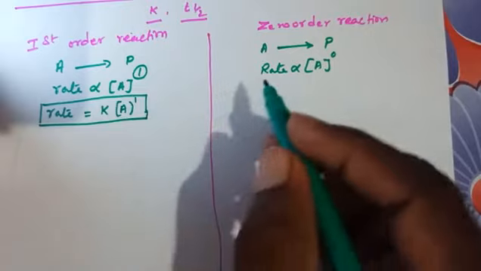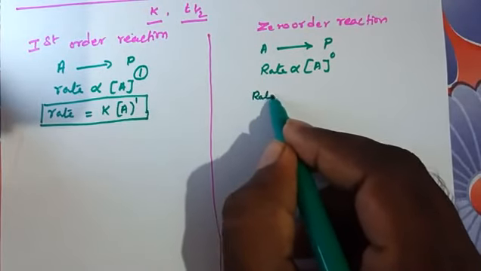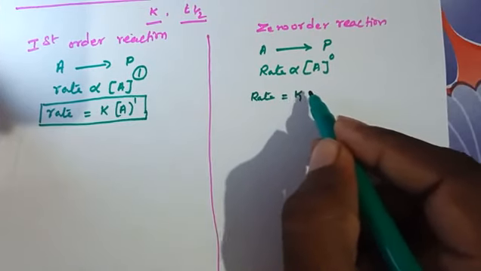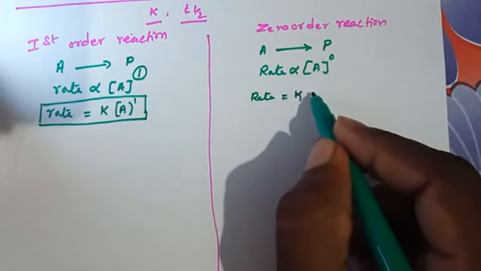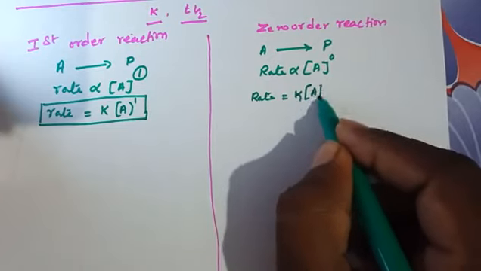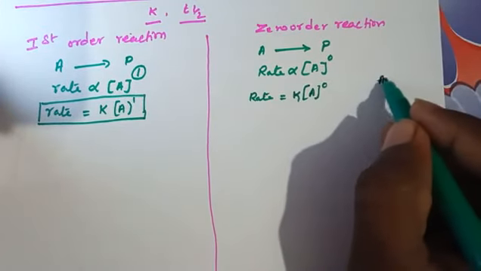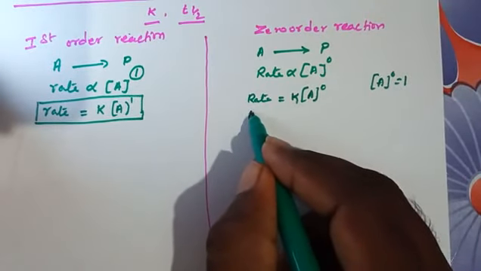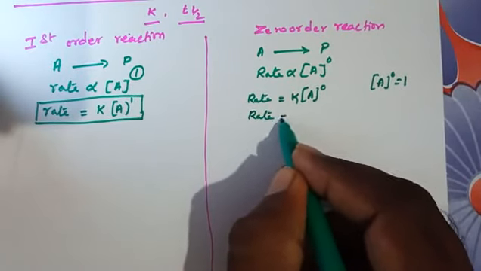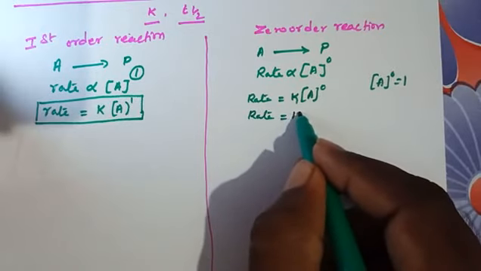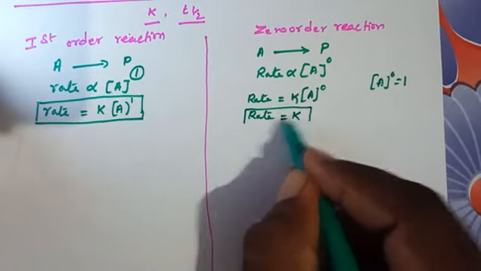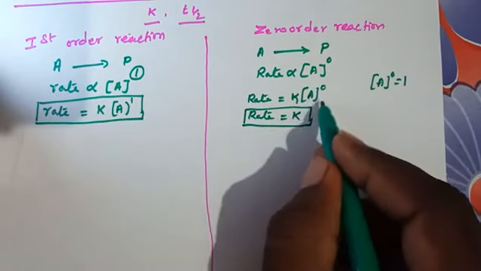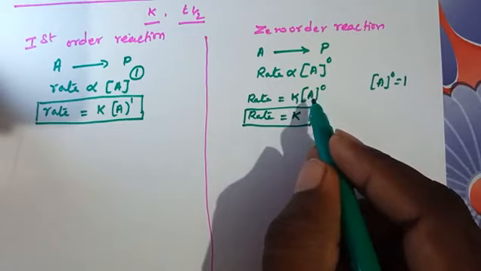In the same way, for a zeroth order reaction, rate equals k into A to the power of 0. Anything to the power of 0 is equal to 1, so rate can be rewritten as rate equals k. For a zeroth order reaction, the rate of the reaction is independent of the initial concentration.